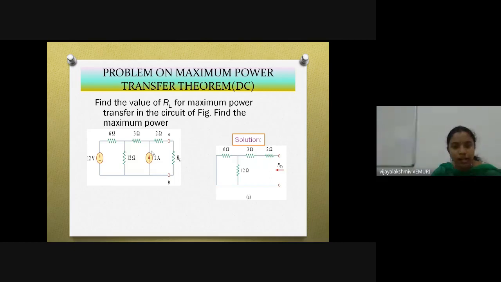Open circuiting the current source means no current is flowing, so we have removed it. Short circuiting means you remove the voltage source and short it with a wire, so that is replaced by a single line.